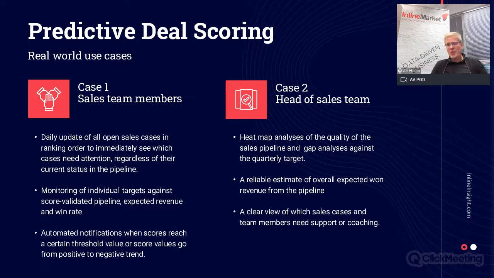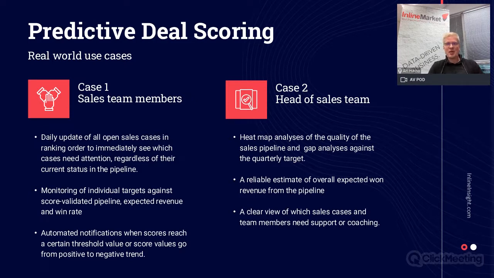From the sales head's or the director's point of view, a lot of our clients have been looking at this as a way to estimate the pipeline, to predict the pipeline better than previously. So you can have this colored heat map analysis for different parts of your pipeline, so you can easily have a glance at how my pipeline is doing.